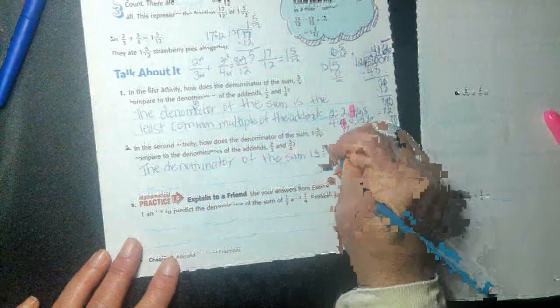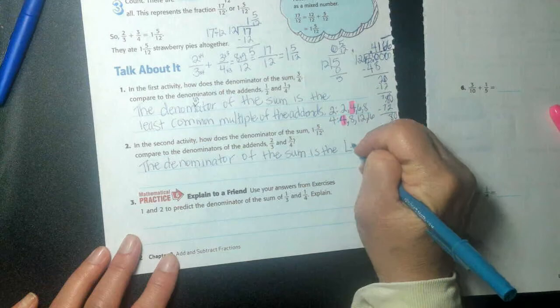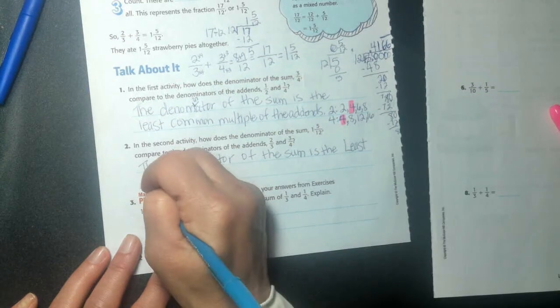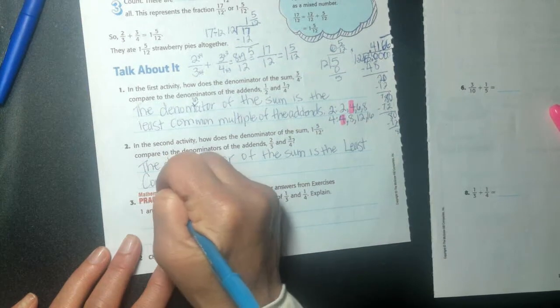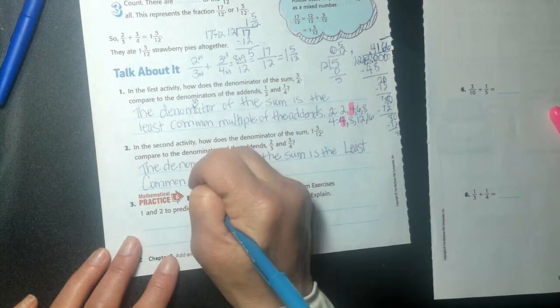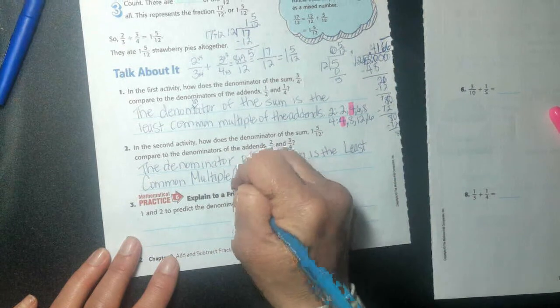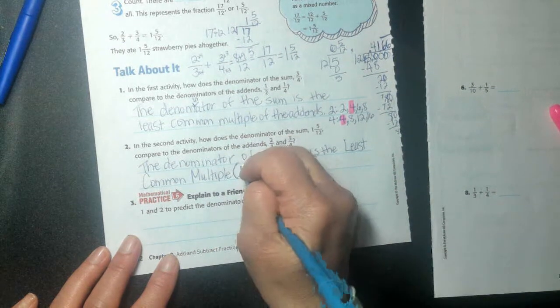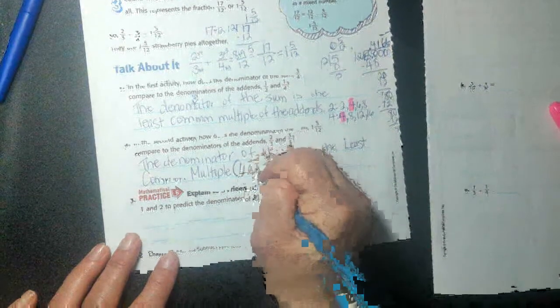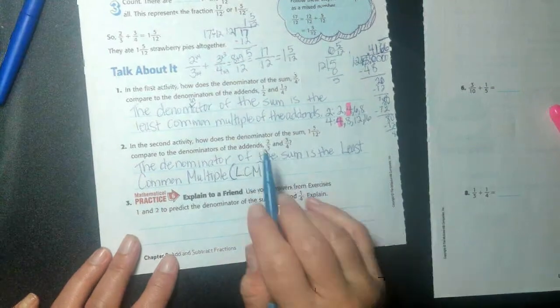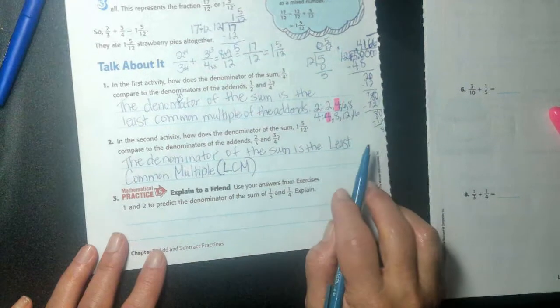The denominator of the sum is the least common multiple. I don't know why I'm capitalizing it now, but remember we wrote these in these little cards. This is my code. Once you see this, you'll say, oh yeah, LCM, I remember that. It's with fractions, when I'm trying to find the lowest common multiple to find the least common denominator.